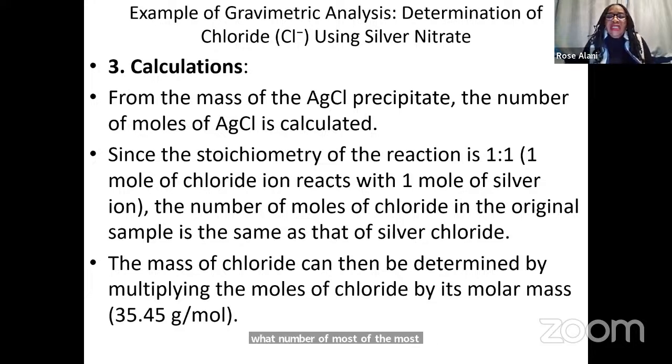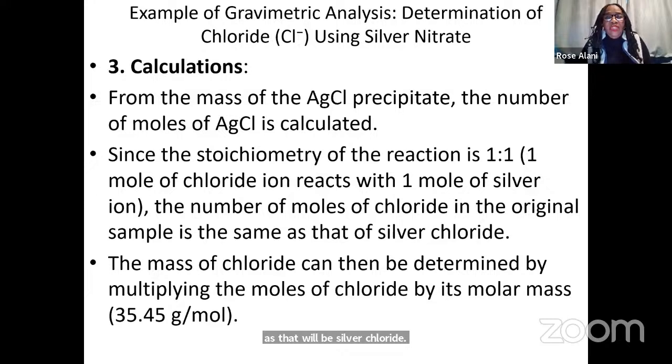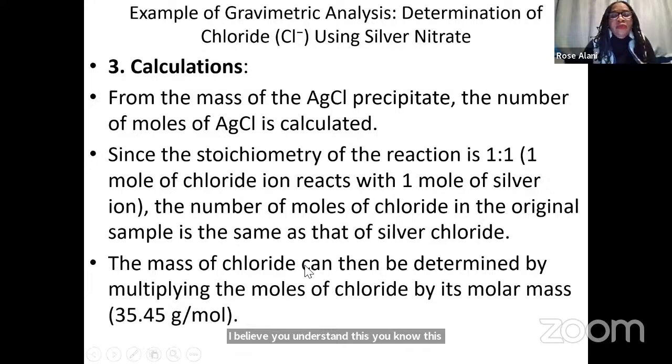In this case, it is a 1-to-1 ratio. So the number of moles of chloride in the original sample is the same as that of the silver chloride. And the mass of chloride can be determined by multiplying the moles of chloride by its molar mass. I believe you know this from your experimental work.